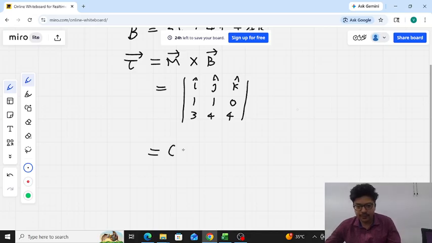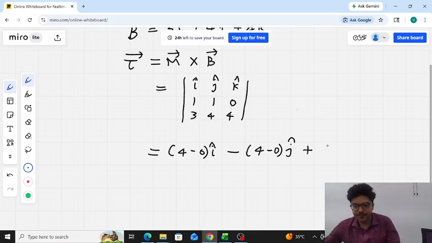So this will be equal to 4 minus 0 i, minus 4 minus 0 j, plus the k cap component, 4 minus 3 k cap.